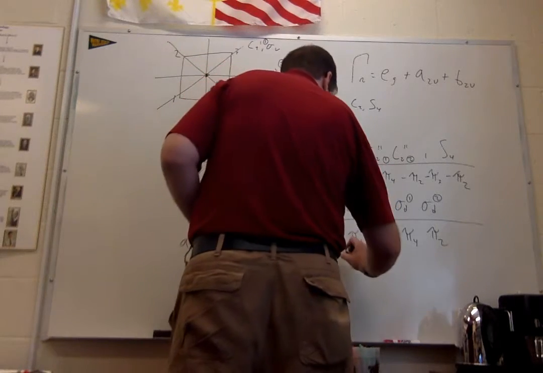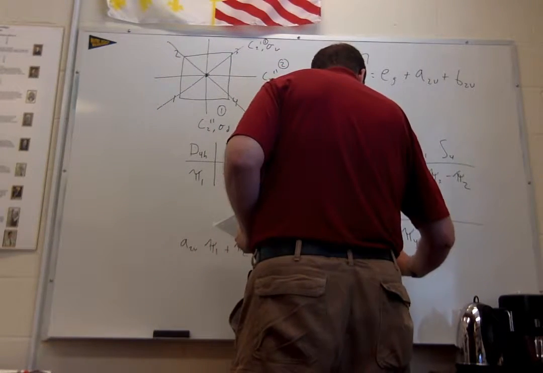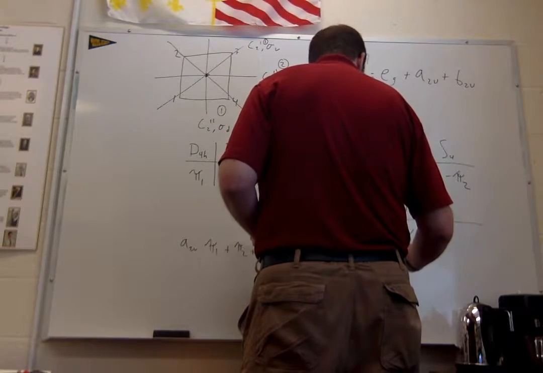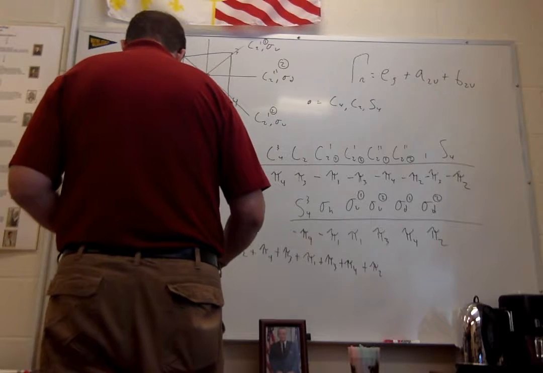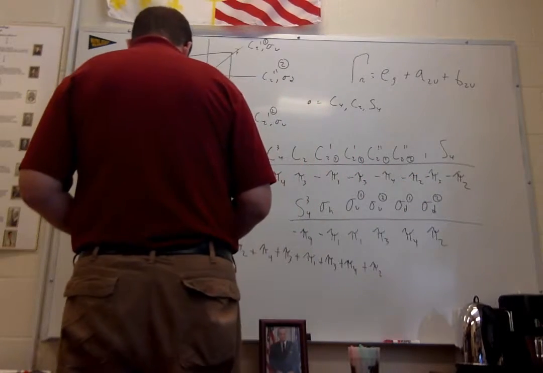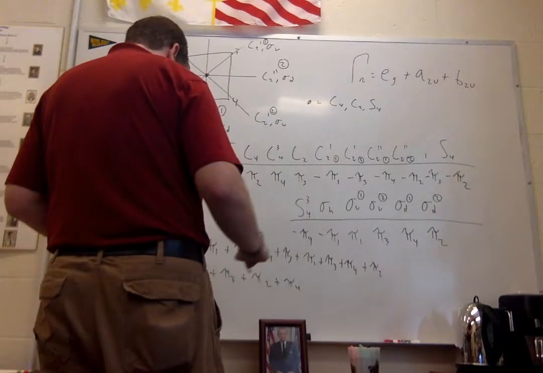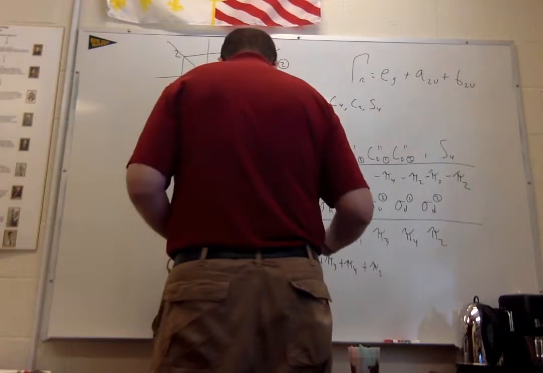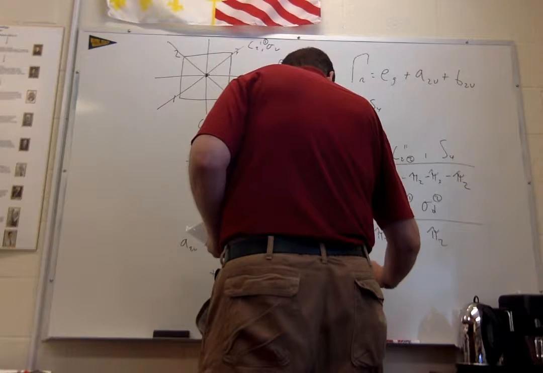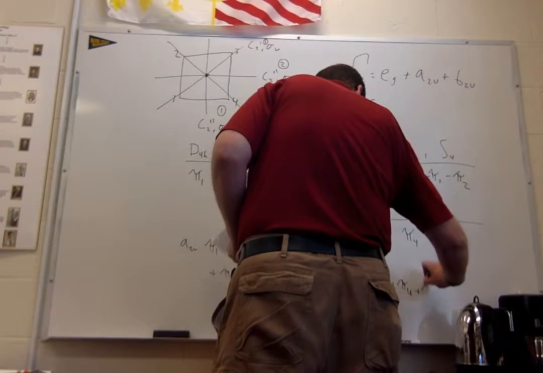plus pi 4 from this, plus pi 2, plus pi 3 here, plus pi 2, plus pi 4, plus pi 1, plus pi 1, plus pi 3, plus pi 4, plus pi 2.